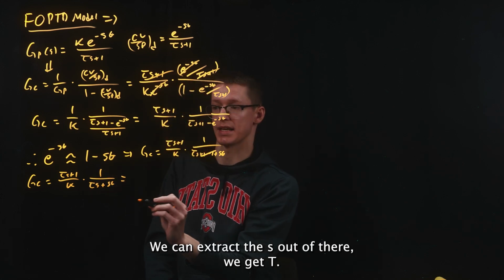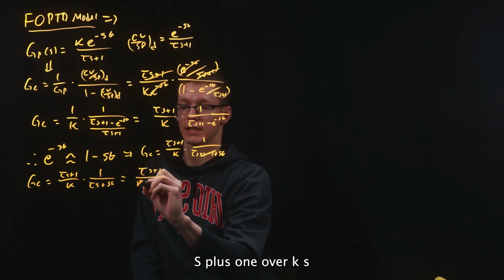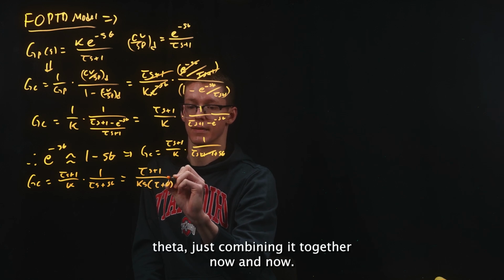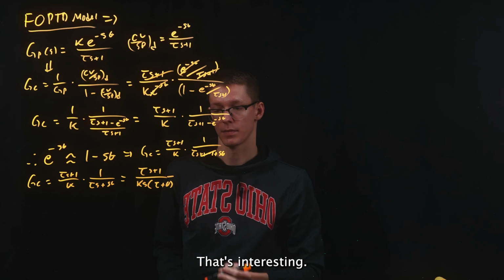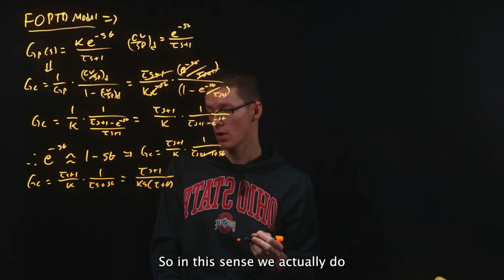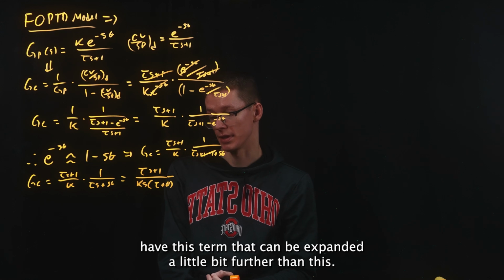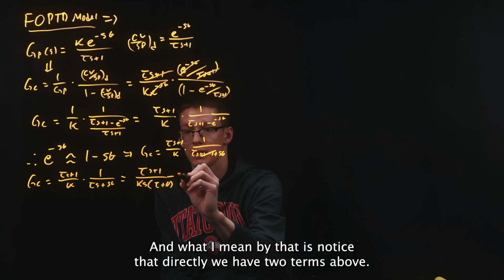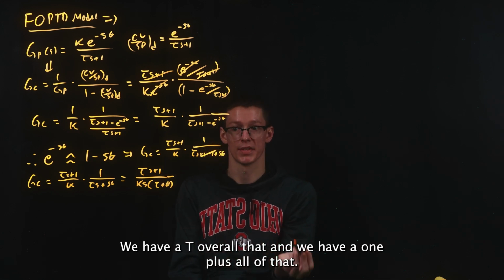We can extract the s out of there. We get (Ts plus 1) over Ks(T plus theta), just combining it together now. And now that's interesting. So in this sense, we actually do have this term that can be expanded a little bit further than this. And what I mean by that is, notice that directly we have two terms above. We have a Ts over all that, and we have a 1 plus all of that.